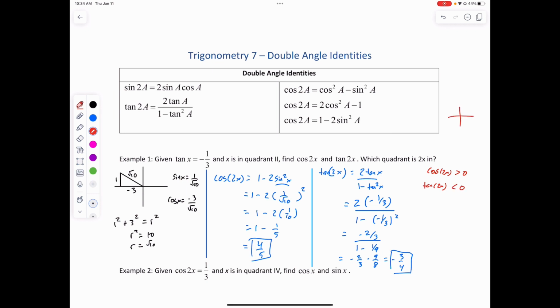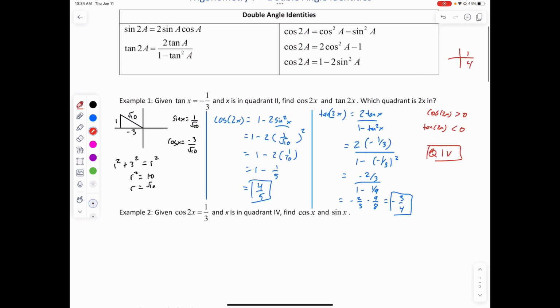So what quadrant can that be in? Well, cosine is positive in quadrant 1 and quadrant 4. That's when cosine is positive. But of those two quadrants, the only one where tangent is negative is quadrant 4. So quadrant 4 is the quadrant that this angle will be in.